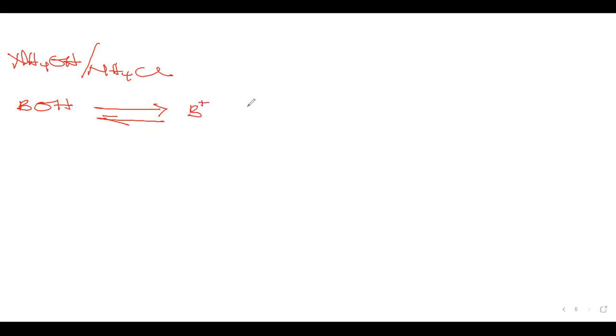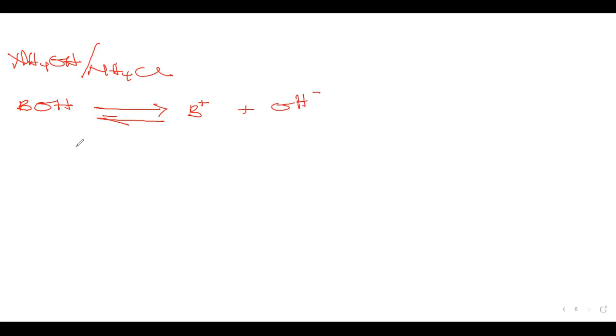For a basic buffer, let me use a common example. So this is what we have. If I have a base, let me use BOH to represent a base. This base is going to break down to give me B plus and then OH minus.